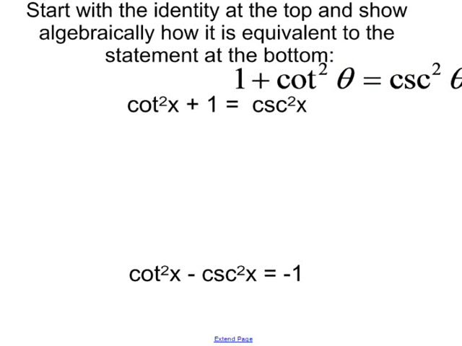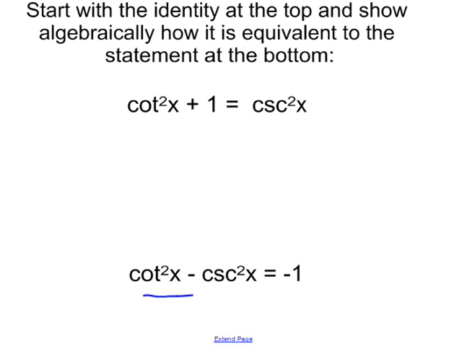All right, so now I want to start with the identity at the top and show algebraically how it is equivalent to the statement at the bottom. So basically, I want to get cotangent and cosecant on the same side because that's what it has. So we just use our basic algebra properties. If I want that over here, I have to subtract it over.